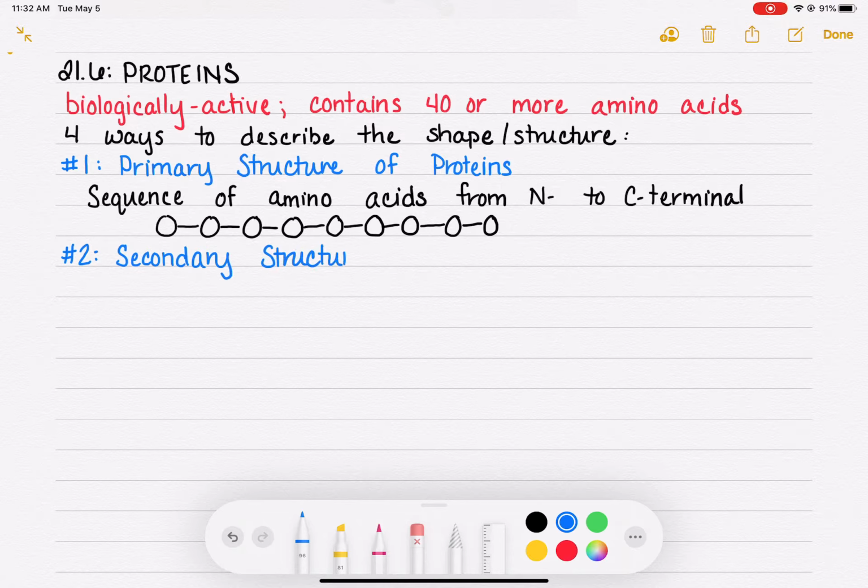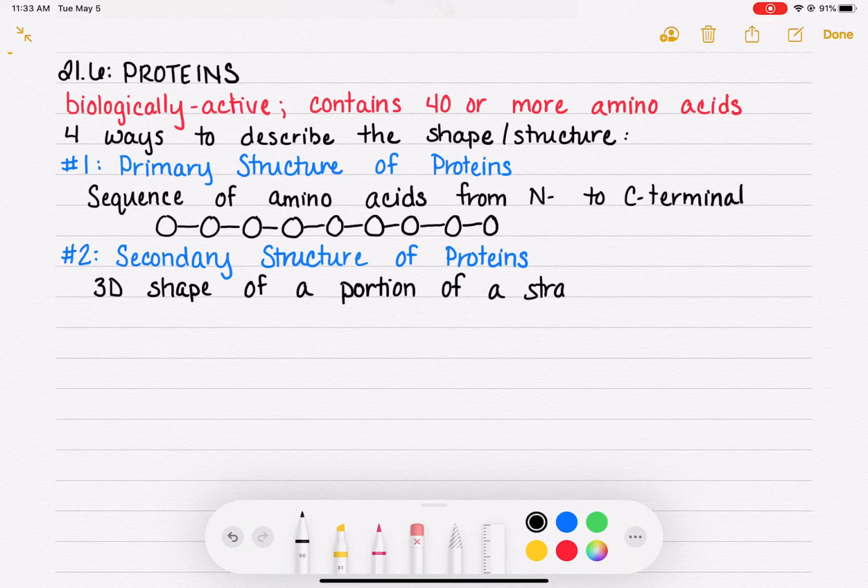And as far as I know, all proteins have a secondary structure as well, but I'm not a biochemist. The secondary structure is actually a shape. It's a 3-dimensional shape of a portion of a strand of amino acids.